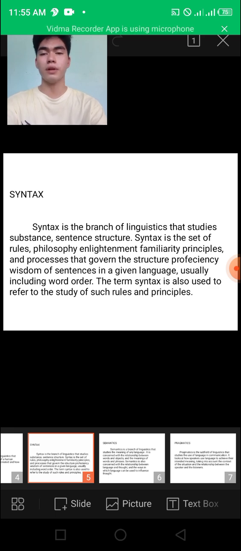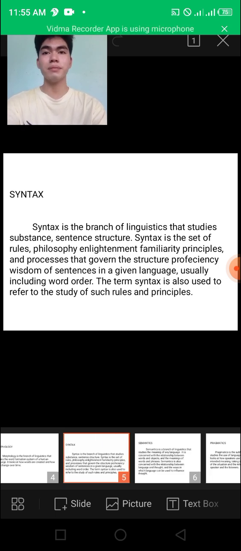Just for example, the cat sat on the mat has a different meaning from the mat sat on the cat. Yes, the words are the same, but the organization of the words is different. That means that the meaning is also different.